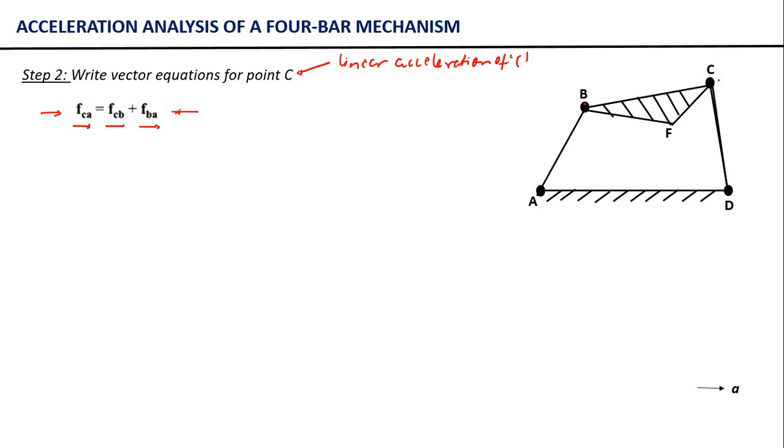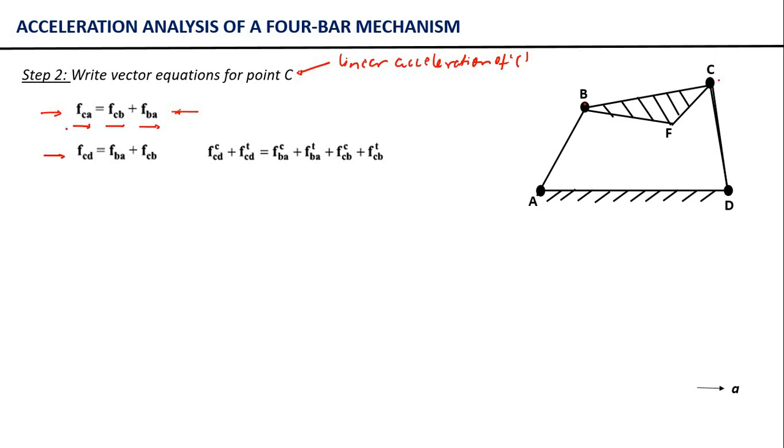Now the only difference between the velocity vector equation and the acceleration vector equation is that right now we will have two components for each of the acceleration vectors. So let me modify this equation first.